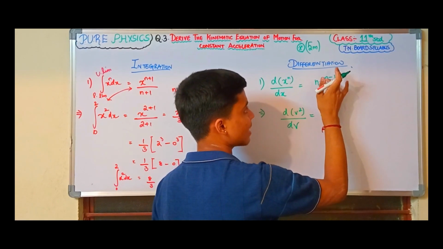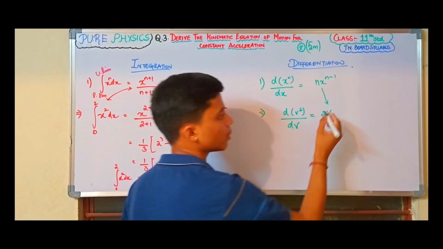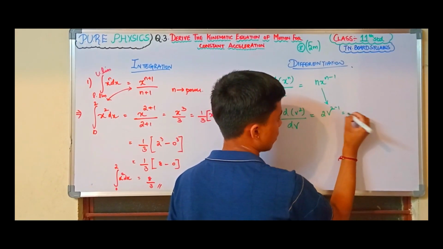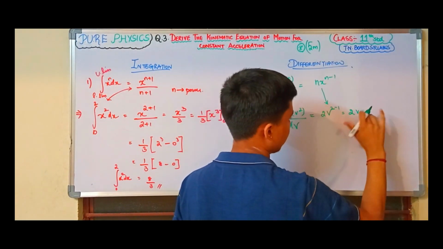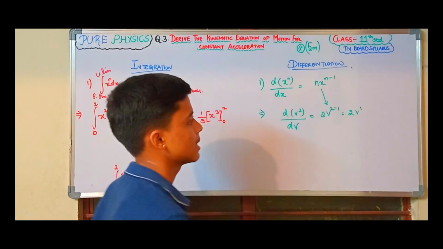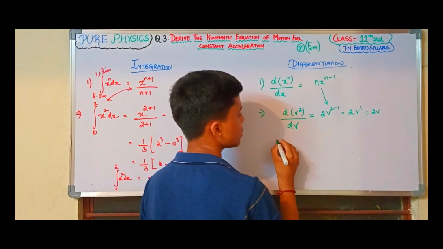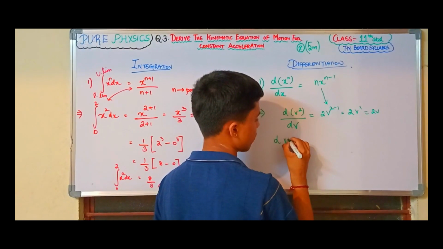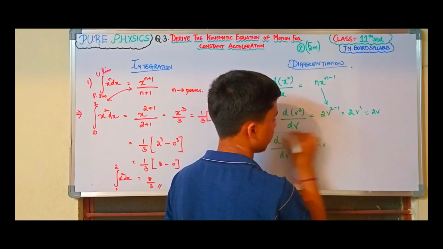You need to subtract 1 from n, so 2 minus 1, which gives 2v power 1, which is nothing but 2v. So when you differentiate v square with respect to v, you get 2v.